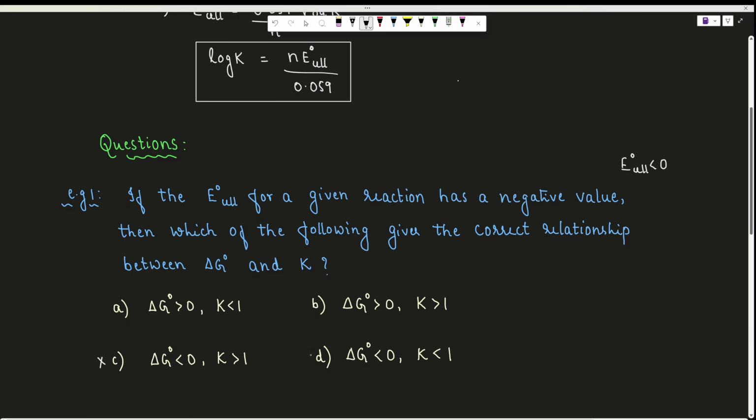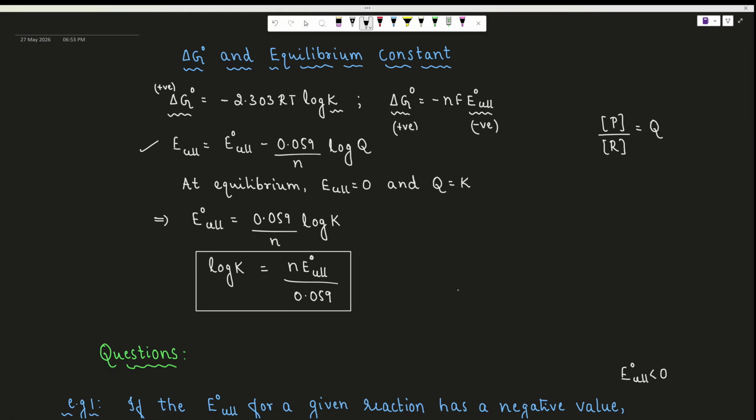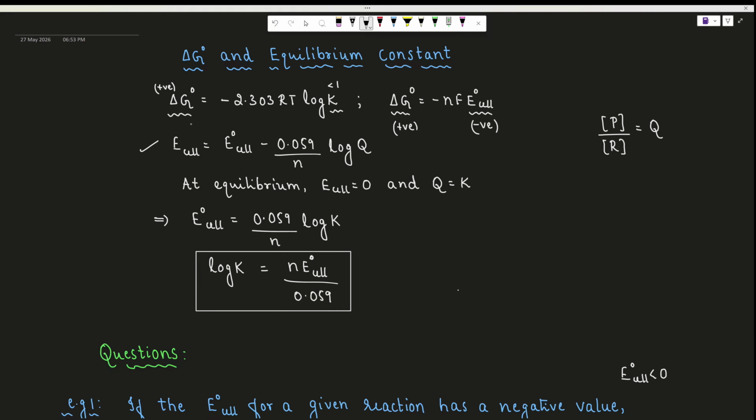So eliminate these two options. Now we need to check the value of K, so we need to take the first equation. We got that delta G naught is positive, so on this side you need to get a positive value. Already we have a negative sign. If K becomes less than 1, then log K will be negative, so negative into negative will be positive.